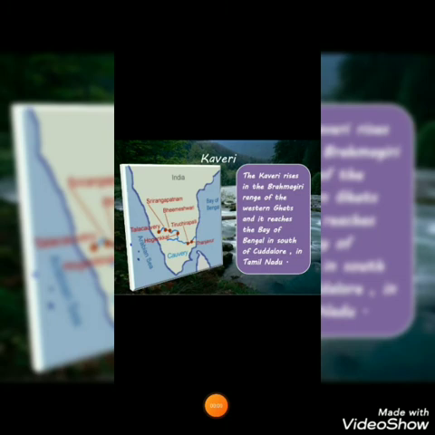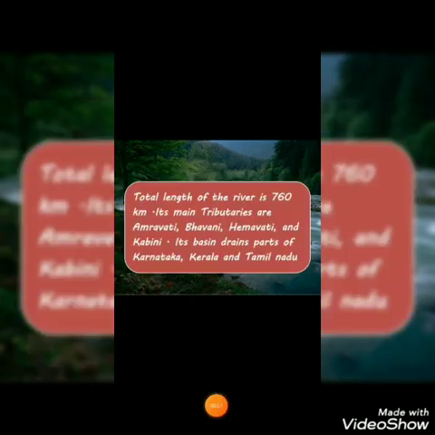Now, river Kaveri. In the physical map you can see that river Kaveri rises in the Brahmagiri range of the Western Ghats and reaches the Bay of Bengal south of Cuddalore in Tamil Nadu. It flows through Srirangapatnam, Bhimeshwari, Tiruchirappalli, Tanjavur, Hogenakkal and Talakaveri.